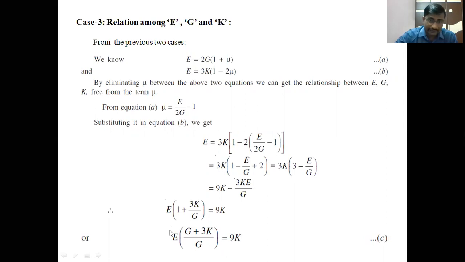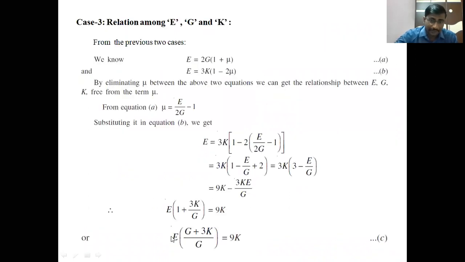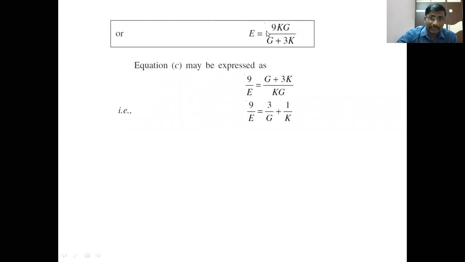This equation is also expressed as 9 by E. Taking E on one side, 9 by E, and taking k, we get G plus 3k by kG.